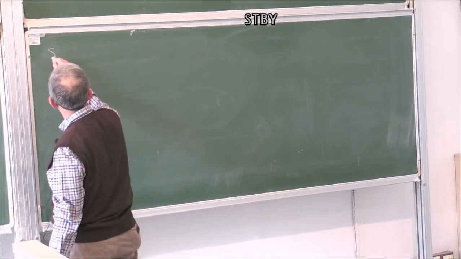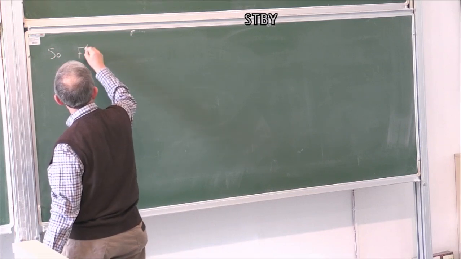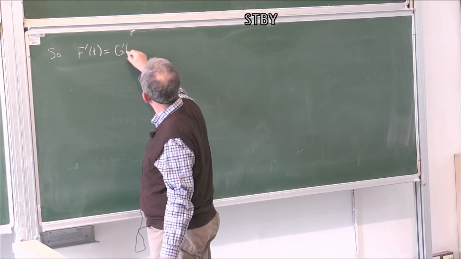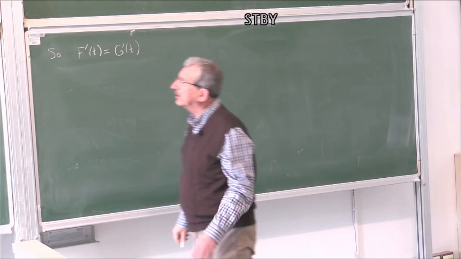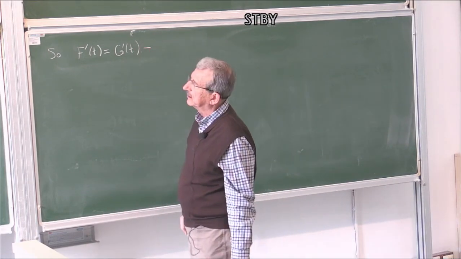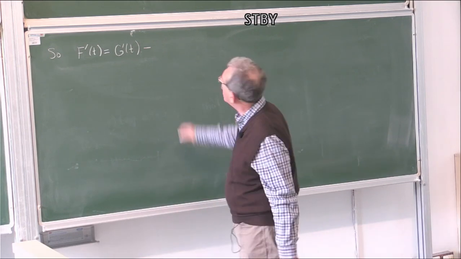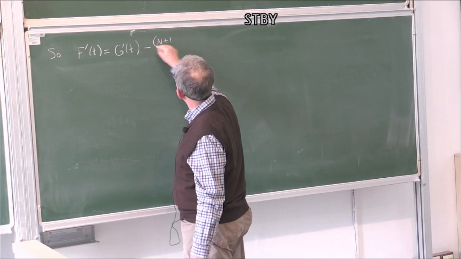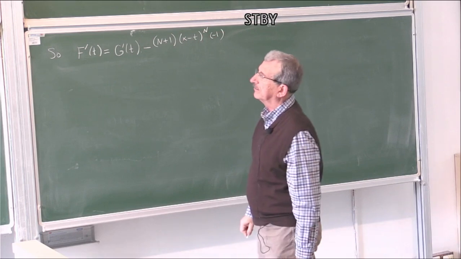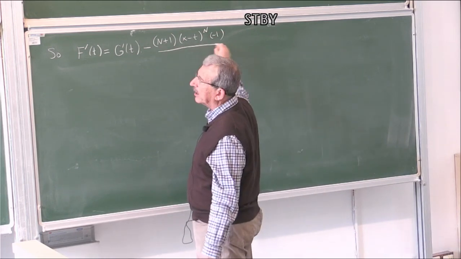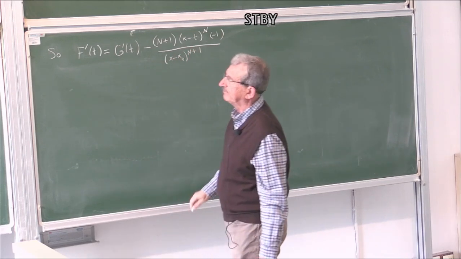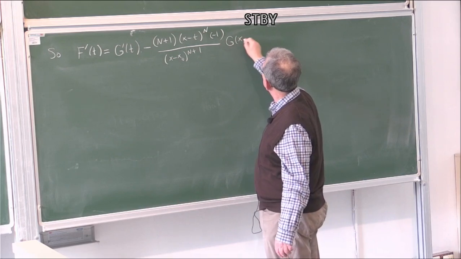So, f prime t is then g prime t. Let us recall the definition of f. We had g of t minus the n plus first power of (x minus t). So the derivative would be this one times minus 1, divided by (x minus x0) to the n plus 1 times g of x0.